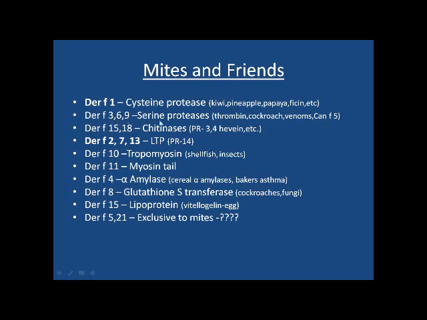DURF3, 6, and 9 are serine proteases, similar to our own thrombin. They're present in cockroaches and venoms, and that KNF5 dog antigen I mentioned.